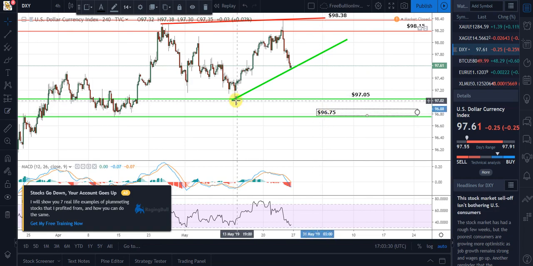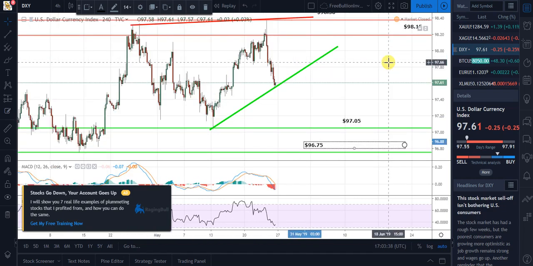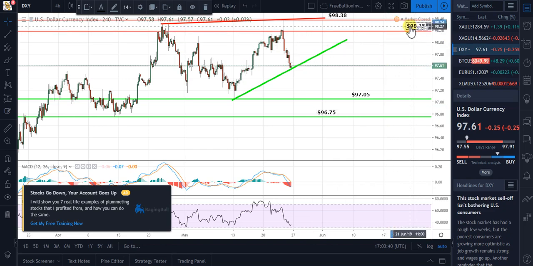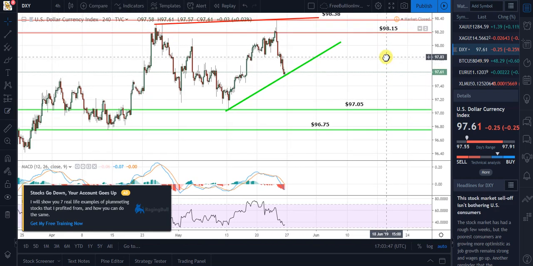That was the last support area that was tested and confirmed, as well as 96.75. As far as resistance, we still have the 98.15 level. It was broken slightly last time the dollar moved up. And we also have 98.38, which was tested and held.